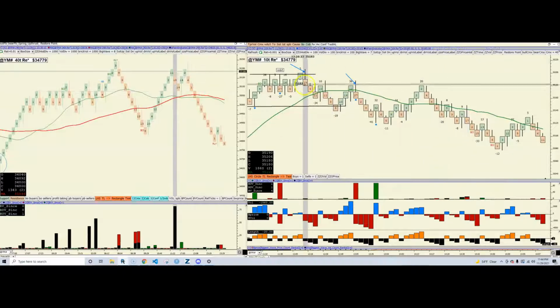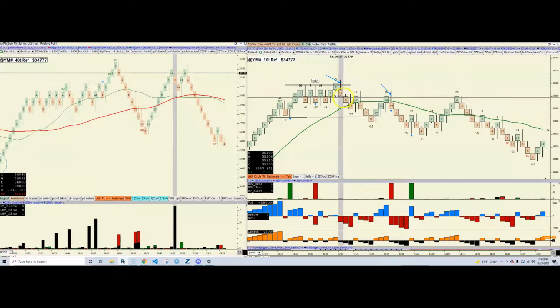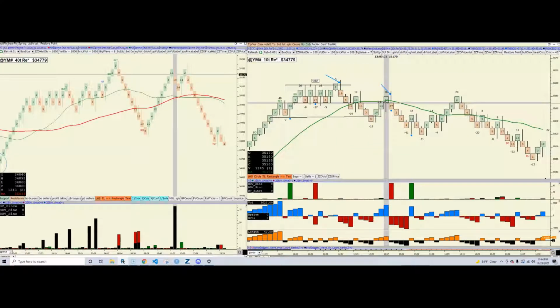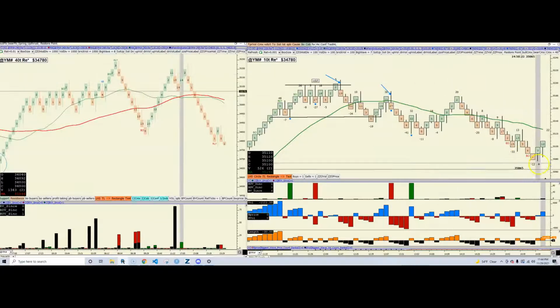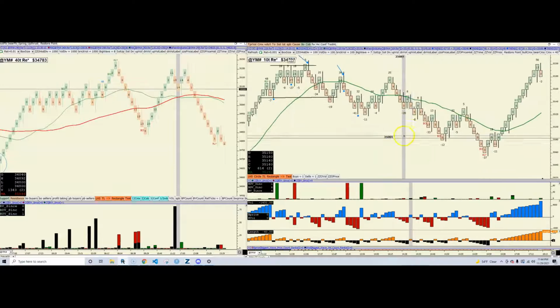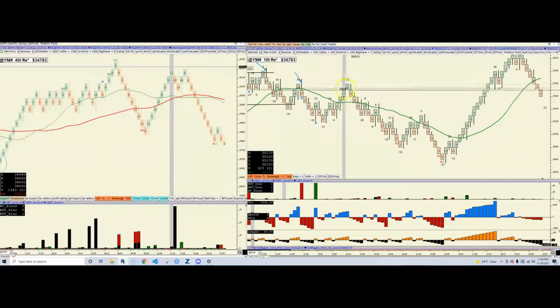Anyway, so here, once it does that, I'm looking for shorts, and the market goes down. All right, now, after that, what it did was stop run amongst all of these highs.